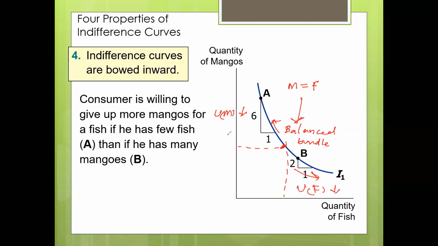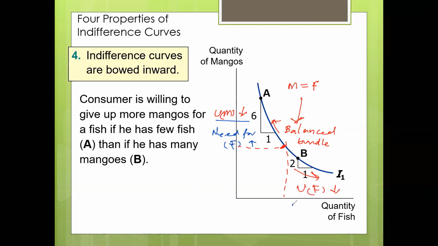Since the happiness from mangoes is falling, what is happening? The need for F will be increasing, because when you're moving here, you are reducing the fish. So you would like to get more fish. We already discussed that more means less utility and less means more utility.